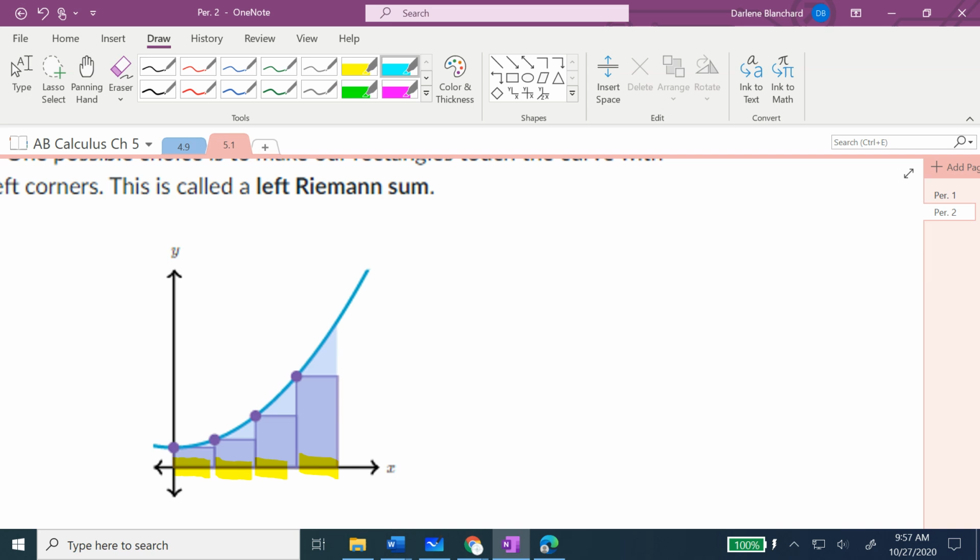And for each section, the left x coordinate is plugged into the function, and that is decided to be the height of the rectangle for that entire x interval. So it's using the leftmost x coordinate of each of these little sub-intervals, and we call it a left Riemann sum. So, any guesses on what a right Riemann sum is?